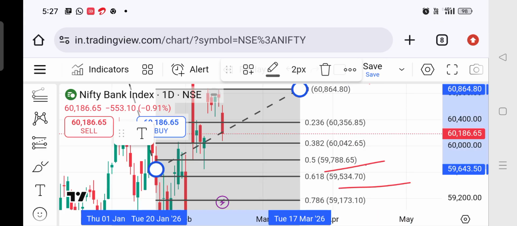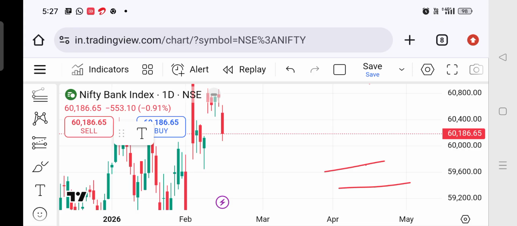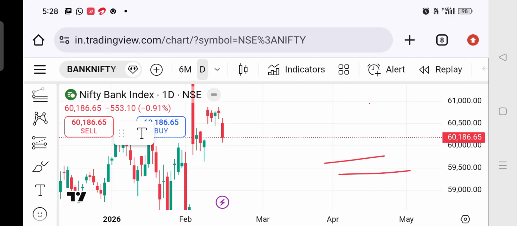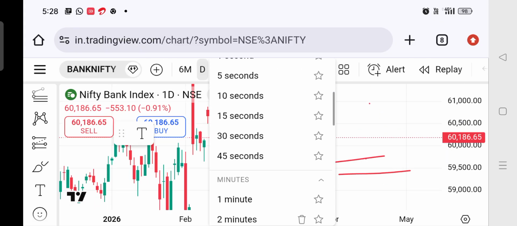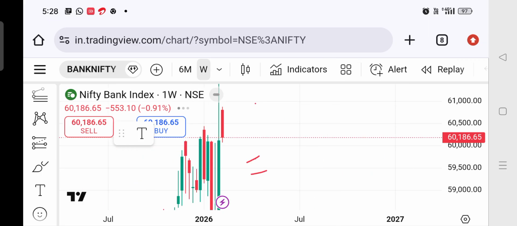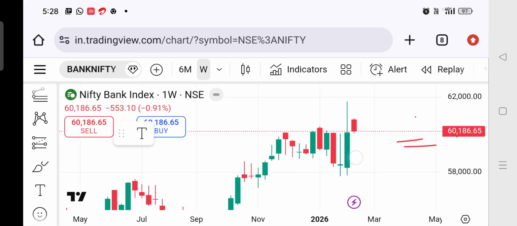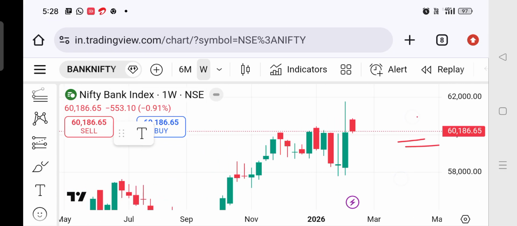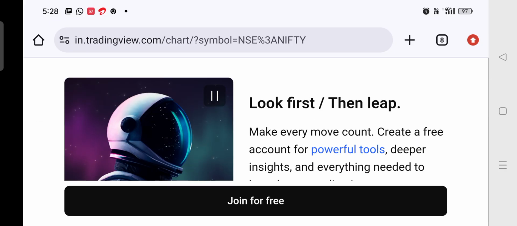Okay, otherwise you will see the next support resistance levels. I will move to weekly chart or monthly chart.